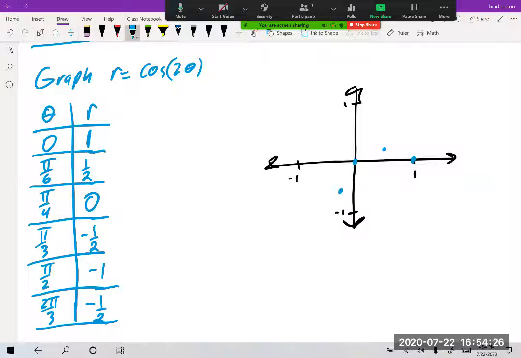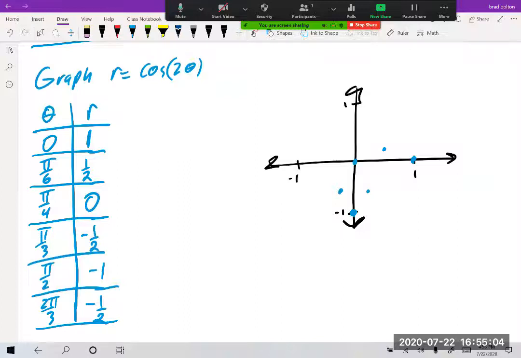So pi/2 with negative 1 would normally be right here, but because it's negative 1, I can flip it down here. And then 2 pi/3 with negative 1/2 would be probably right about here. That would be 2 pi/3 with 1/2, but because it's negative 1/2, we have to reflect it over here. So I think it's right about there.